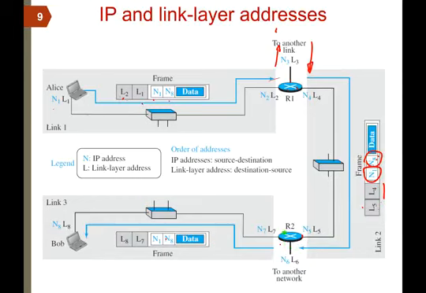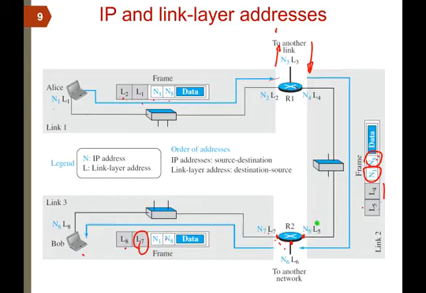Now at this link, when you send from this node to this node, the frame will be like this. The source is L7 here. Look, this has got 3, for example, network interface cards.